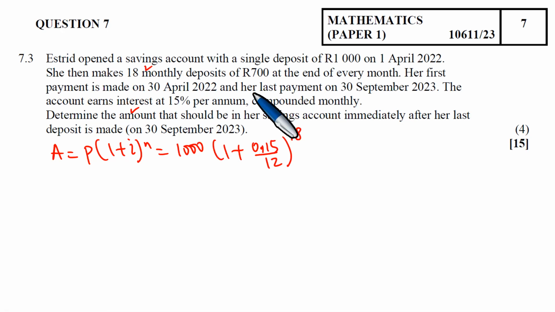So in other words, at the end of every month, her first payment is made on 30th of April 2022 and her last payment 30th of September 2023. So the 1,000 now, after 18 months, will become exactly 1,250 Rand and 58 cents. Right, so that's what we get. So just note that one.